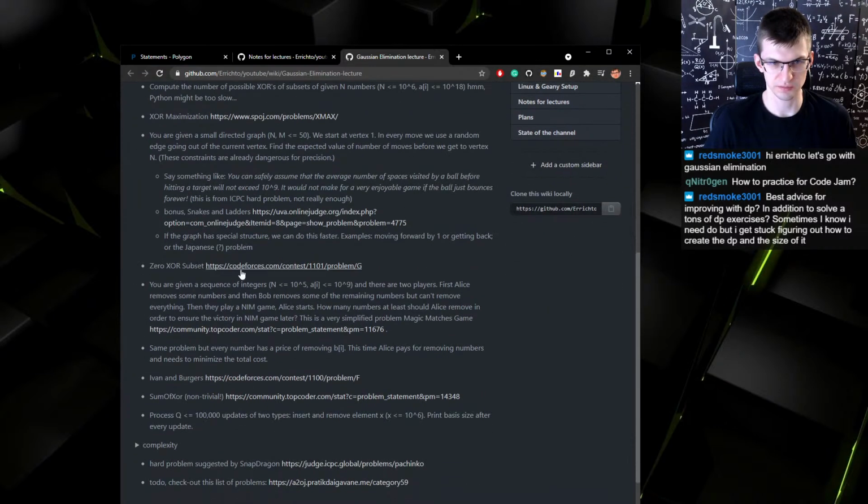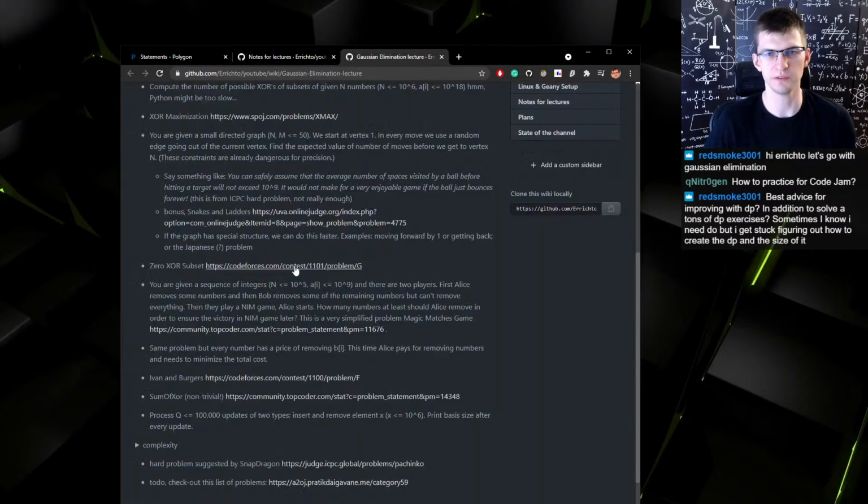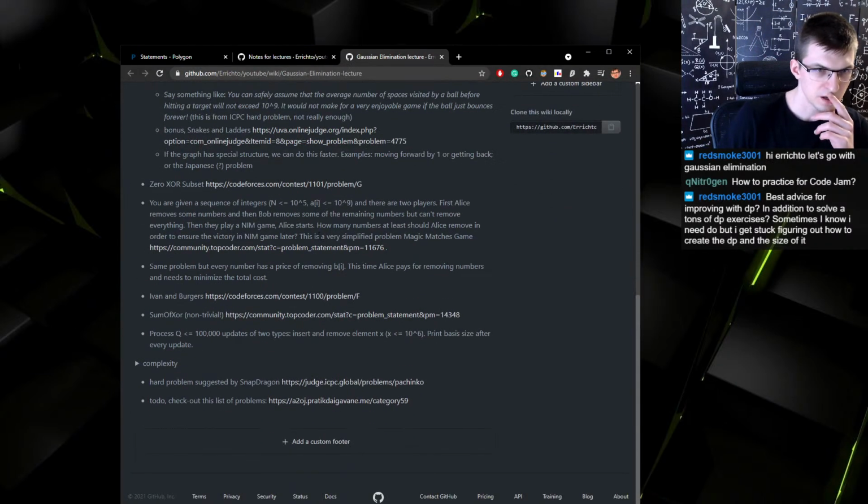Zero XOR subset. Split into segments, and there doesn't exist a non-empty subset of segments. Okay, this is related to prefix XORs. And there are some harder problems.